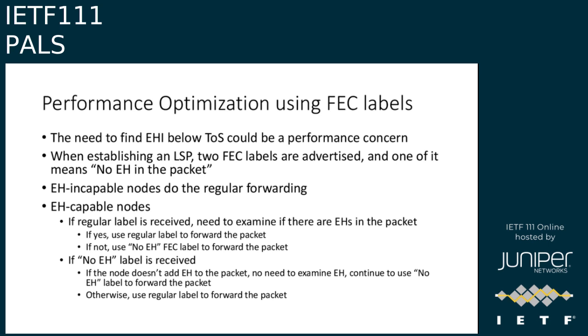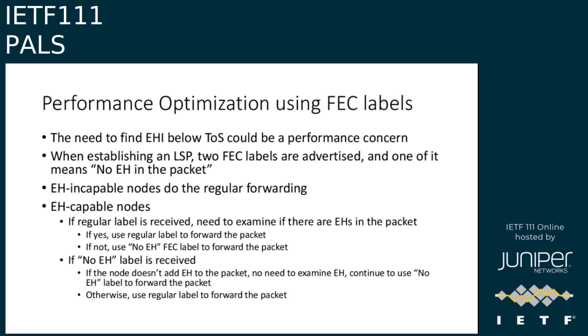To solve this problem, when establishing the label switched paths, we will assign 2 FEC labels. One means this is just forwarding the packet, there could be extension headers, and you need to search for it if you are extension header capable. The other means there's no extension header in the packet. It explicitly tells that fact.